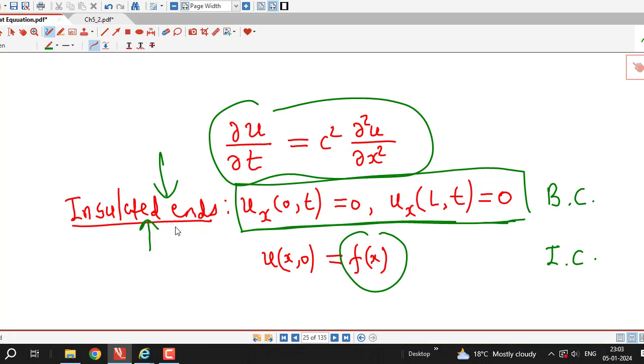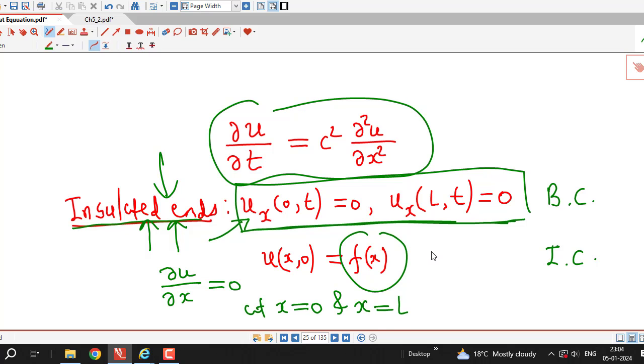So you must be clear that if it is specified that both the ends of the bar are insulated, then we will have to consider these boundary conditions, that is, the partial derivative of u with respect to x is 0 at both the ends, that means at x equal to 0 and at x equal to L.